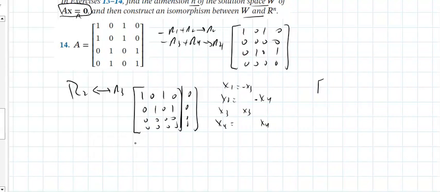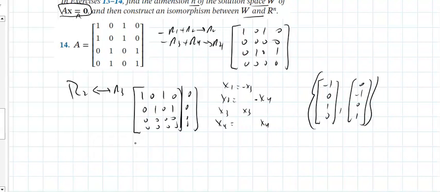So basically we have negative 1, 0, 1, 0, and 0, negative 1, 0, 1. So here we figured out that the dimension of W is 2.